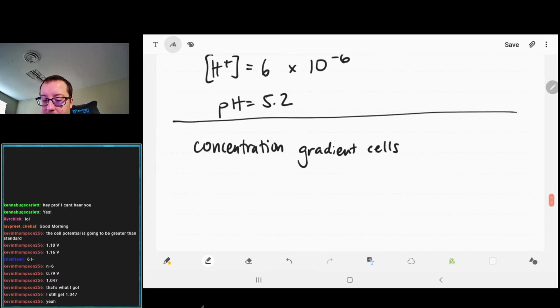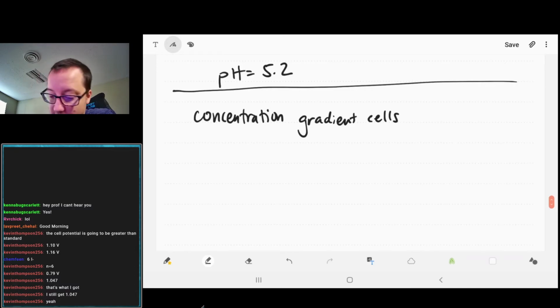To another one. So with this idea of non-standard conditions, we can also have just concentration gradients that'll produce electricity for us, as they will try and equalize themselves. We know concentration gradients always try to equilibrate, right? Whether you have that through osmosis or diffusion. It's pretty interesting. You can have that with electronic cells as well.